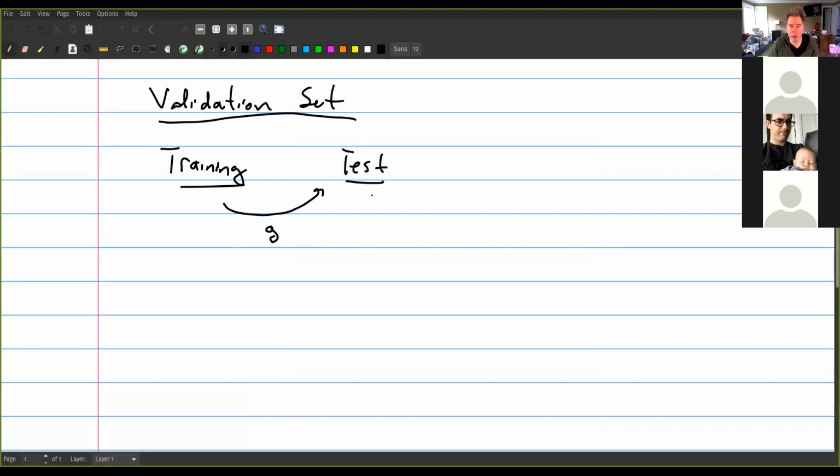The point of the test set is to estimate the out of sample error. So E-test of G here is supposed to be roughly the same thing as E out of G. Remember that E out of G is the true out of sample performance of the hypothesis.